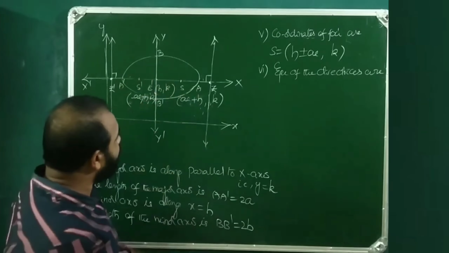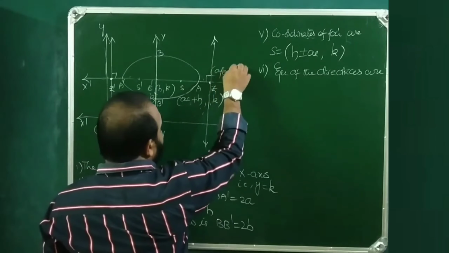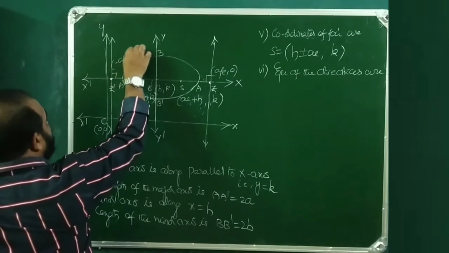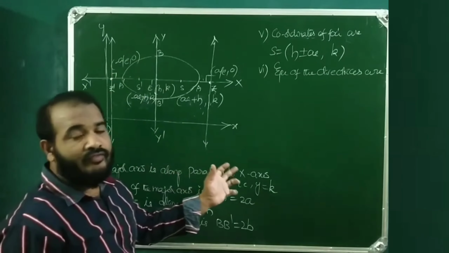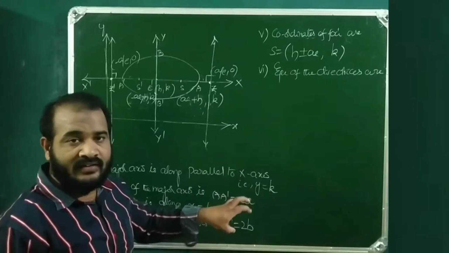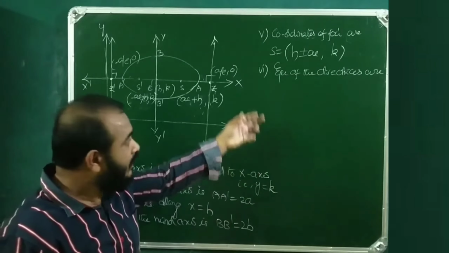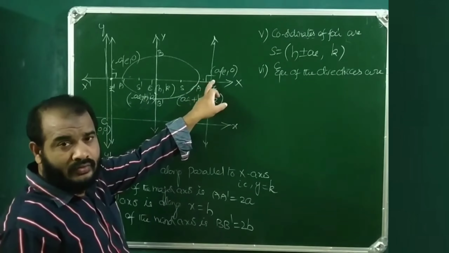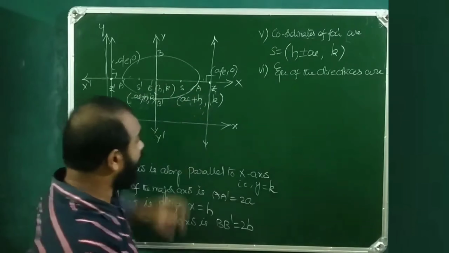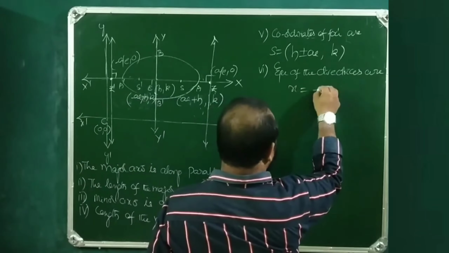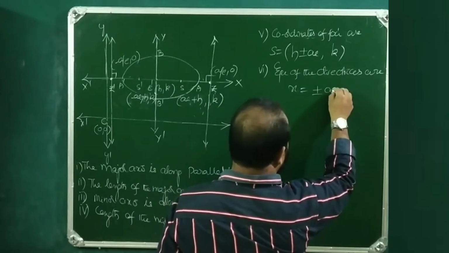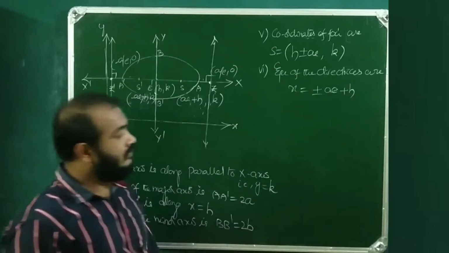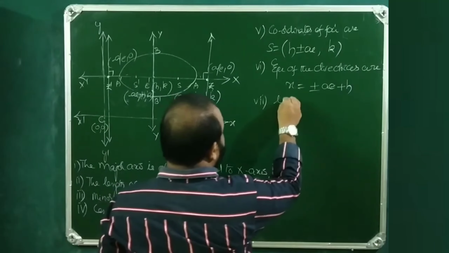So x is equal to, this is a by e comma 0, this is minus a by e comma 0, the foot of the directrices when the center is at the origin. But here this line is also parallel to the y axis, therefore it is of the form x equals plus or minus a by e plus h. Length of the latus rectum.